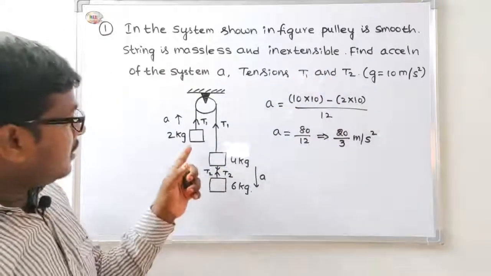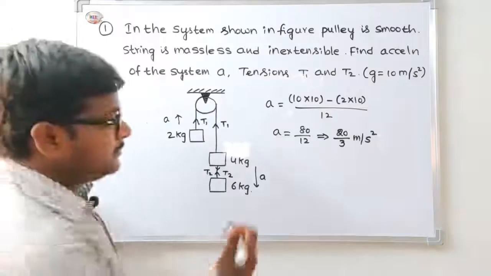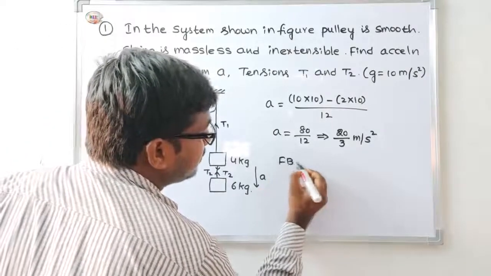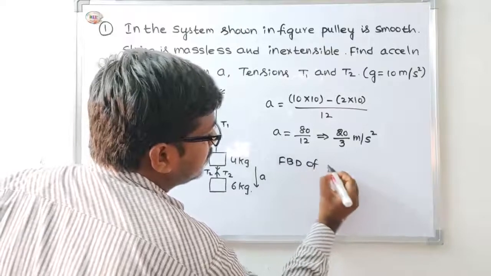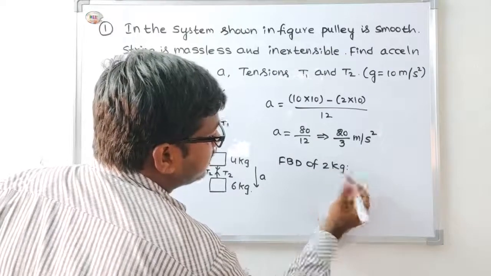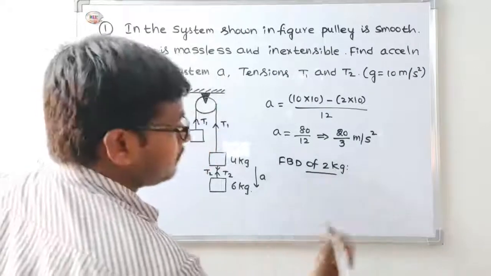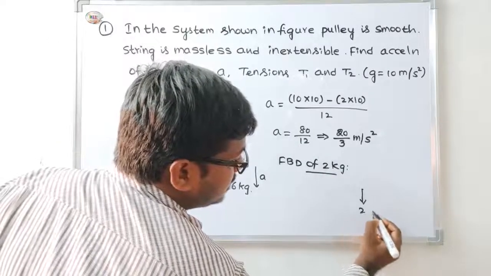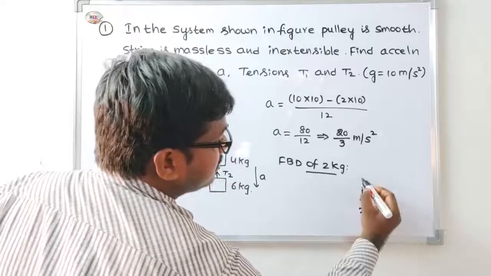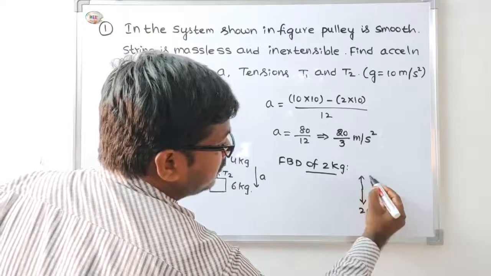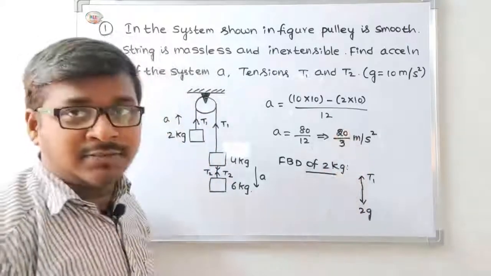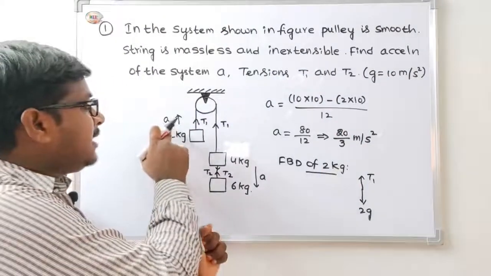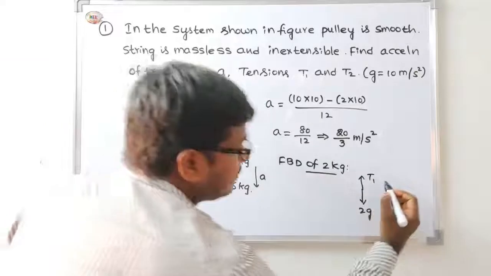First, take the 2 kg block. The free body diagram of the 2 kg block: 2g is acting in the downward direction, the tension force T1 is acting upward, and the acceleration is acting in the upward direction.